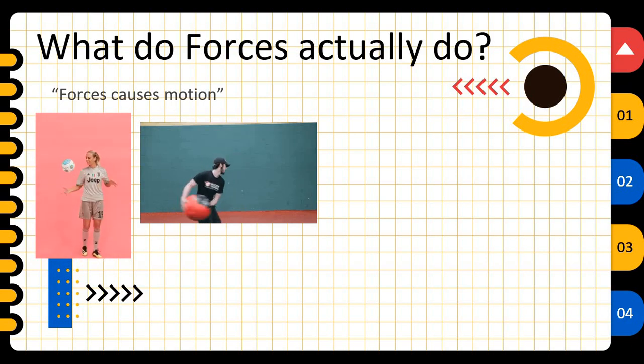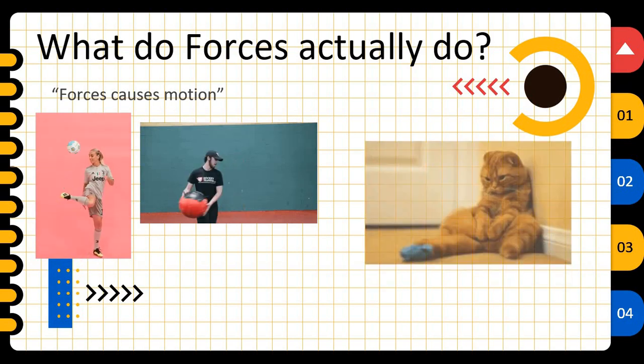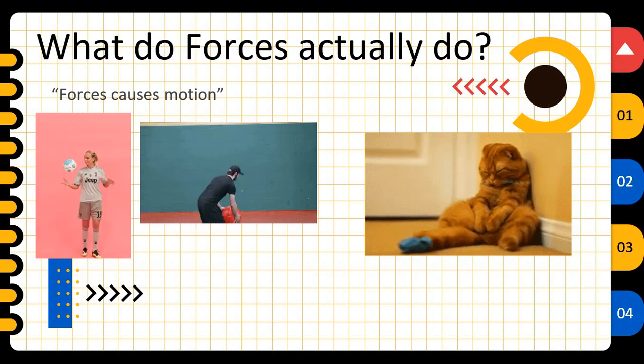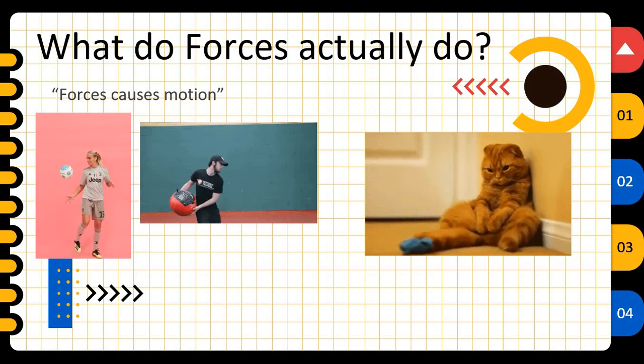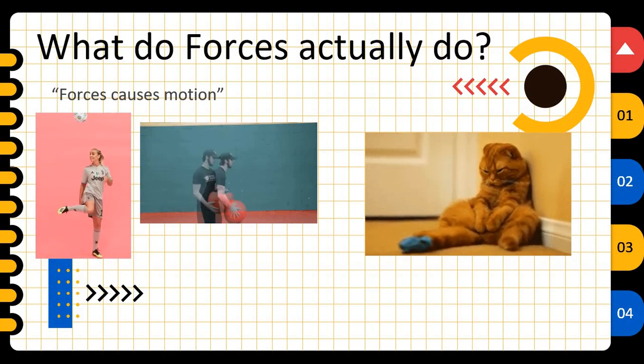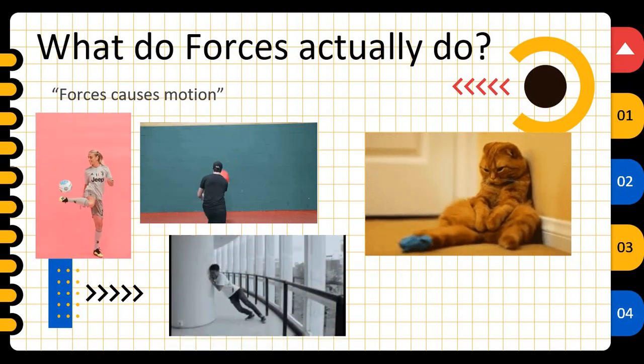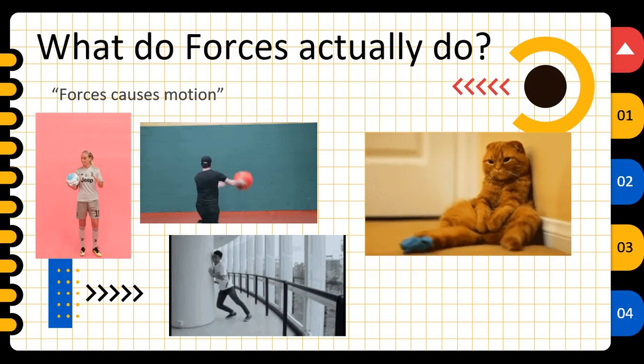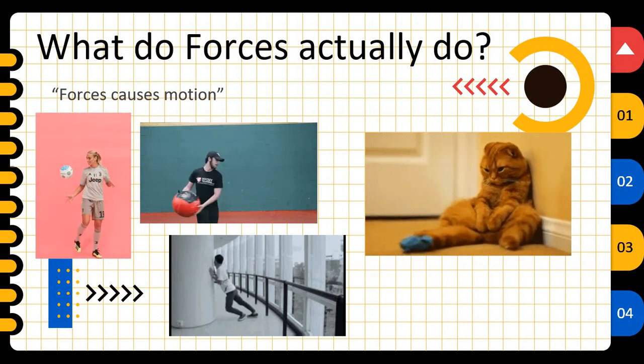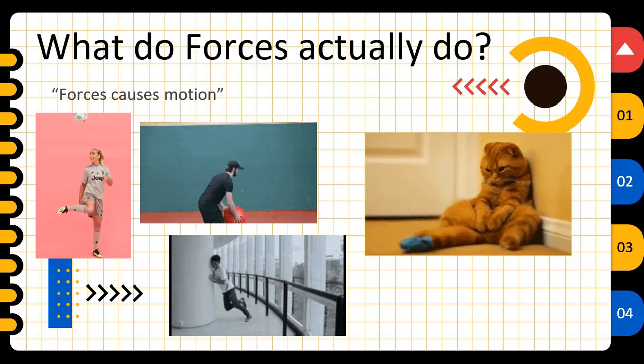But how about these two pictures? The cat in here is sitting and its back is pushing, I guess, on the wall behind the cat, and this man is pushing the pole, and to no avail, the pole isn't moving.